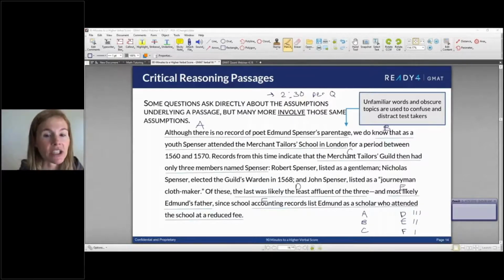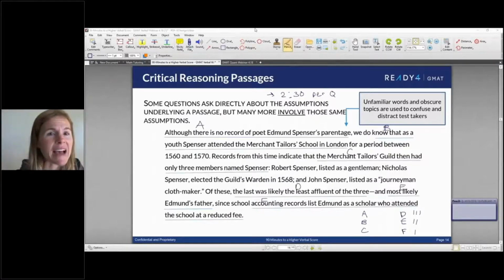If you were going to summarize here, if you were going to cut out every other sentence in this passage, what would the point be? Which one would you keep? Well, I would look at the introduction here and say, although there is no record of Edmund Spencer's parentage, that means parents, okay?